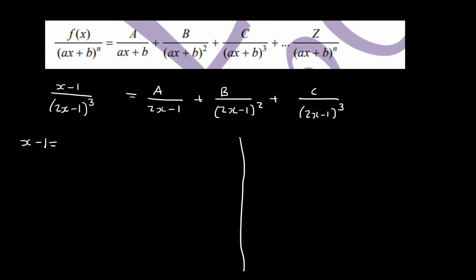If I multiply the term of a by (2x minus 1) cubed, one 2x minus 1 will cancel, so I'll be left with (2x minus 1) squared. If I multiply b, I'll be left with 2x minus 1, because the cube will cancel that squared. If I multiply c, the whole of (2x minus 1) cubed will cancel. That's what I have. So now we must solve for a, b, and c.